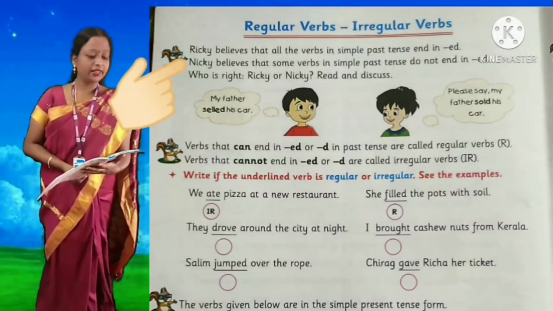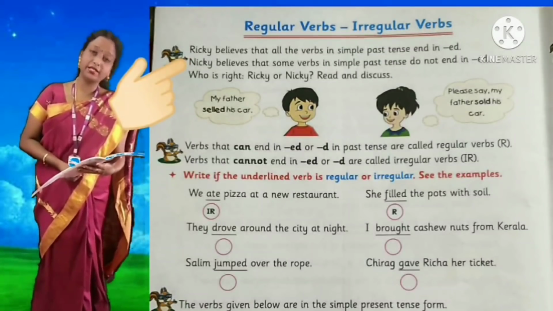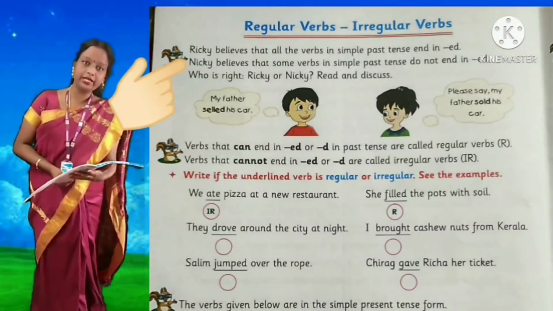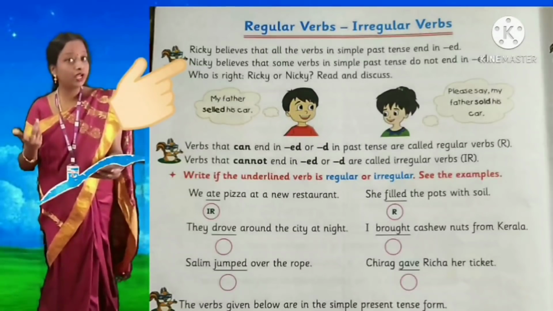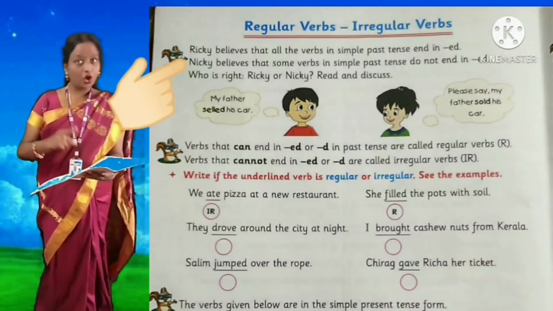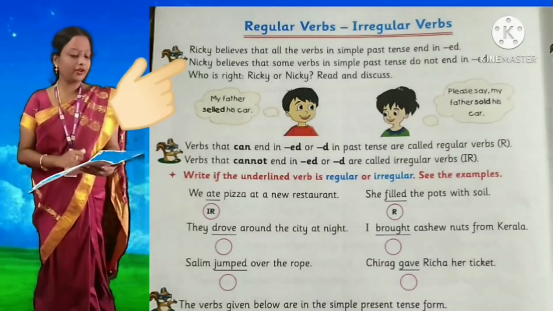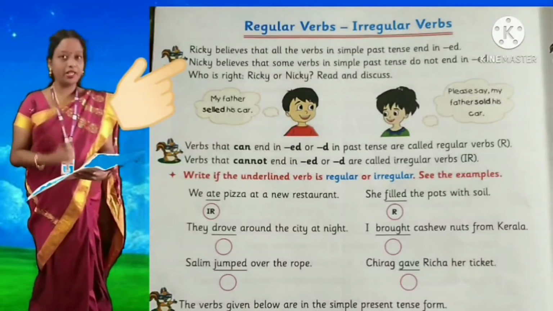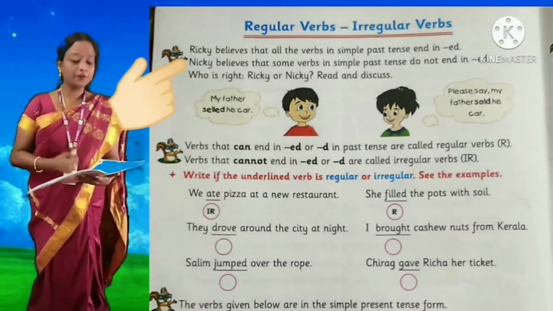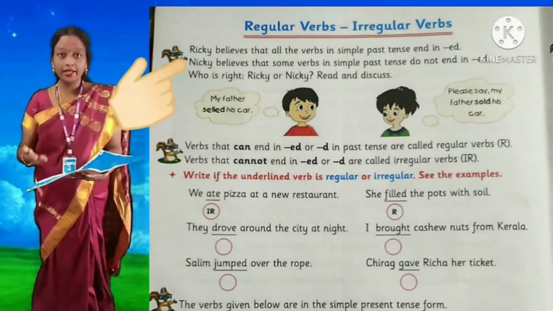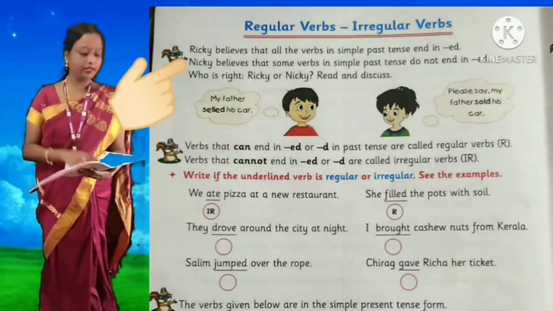Nikki believes that some verbs in simple past tense do not end in ed. Who is right? Ricky or Nikki? Read and discuss. Again, I'll read this. Ricky believes that all the verbs in simple past tense end in ed.